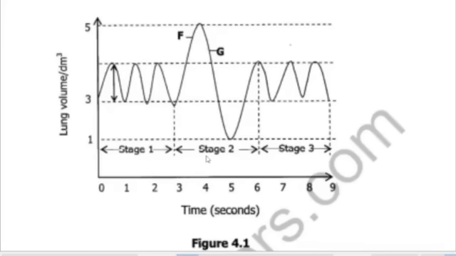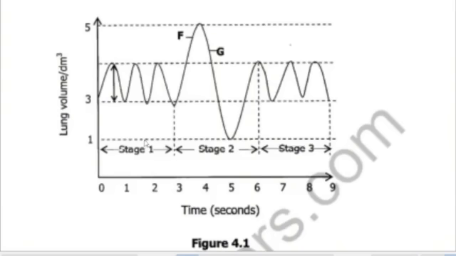So meaning that the person is performing some exercises, either running, or playing football, or doing all sorts of sports. Okay, then on stage 3, from here to here, we can see that the breathing has returned to normal, meaning that the person is just resting, relaxing, either sleeping, not doing anything.